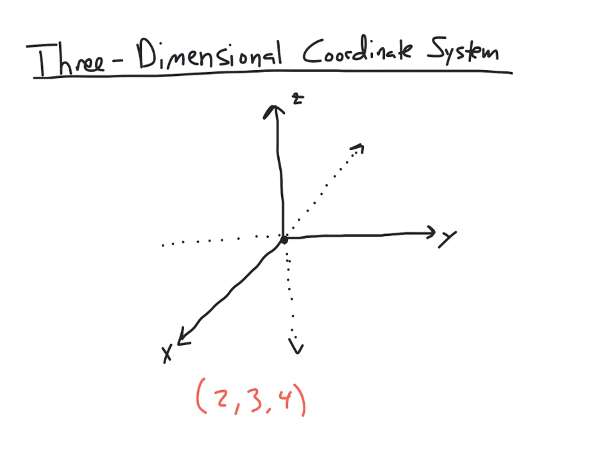So the first coordinate of my point is 2, so we're going to go along the positive x-axis to 2. So we're going to travel out here. And then we're going to go on the y-axis for 3. That's our y-coordinate. Right? So we're going to go 3 units in this direction.